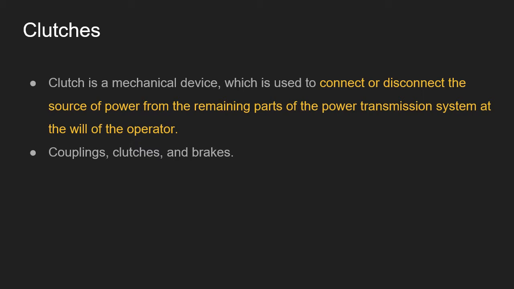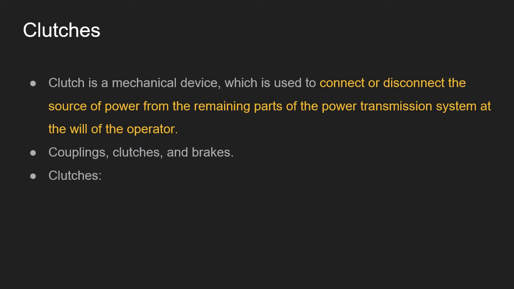The difference between both is that while a coupling is more of a permanent or a fixed connection between the driver and the driven shaft, a clutch has an option of providing a temporary disengagement between the driver and the driven shafts. Whereas a brake we know is used when we want one of the two shafts to be brought to rest.